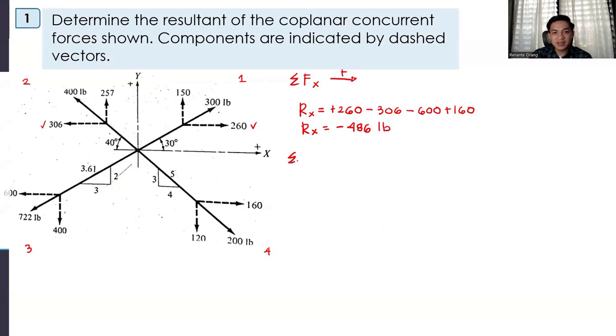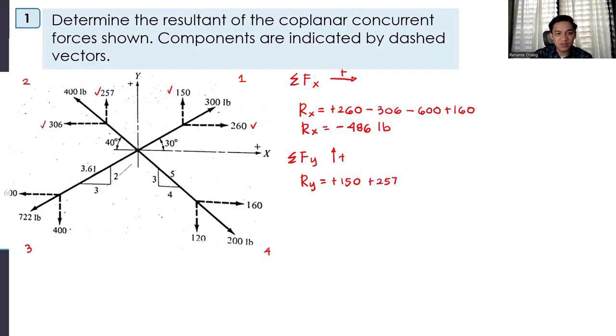Let us proceed sa ating y-axis, summation of forces in our y-axis where all upward forces is positive. So Ry is equivalent to, unahin natin dito, 150 going upward, so positive 150. Next is 257 going upward, so that is positive 257.